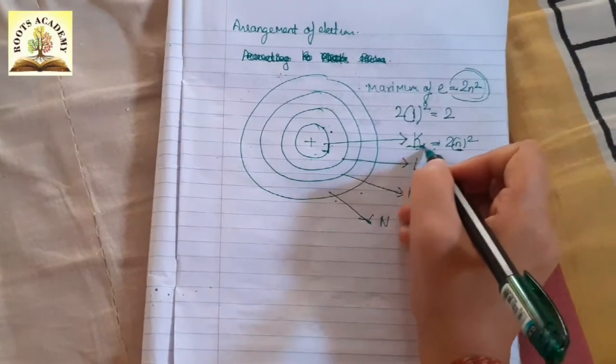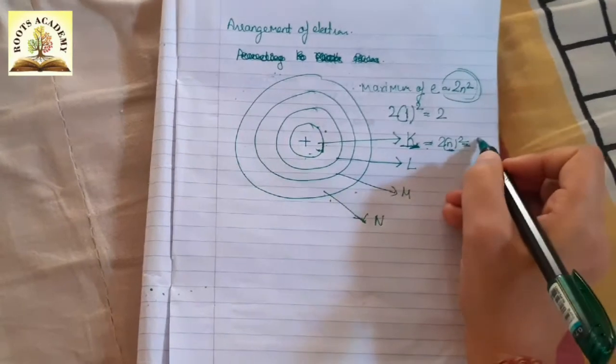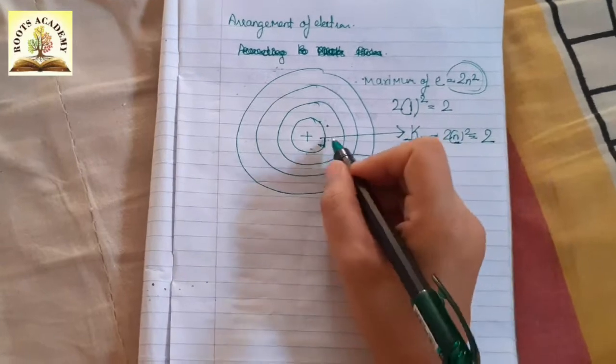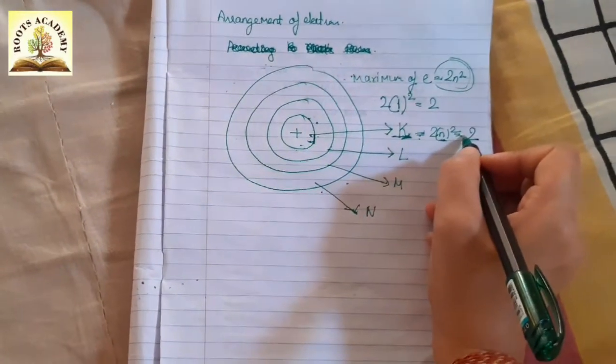So obviously in the K shell, the maximum number of electrons can be 2. K, the first shell, can take a maximum of 2 electrons.